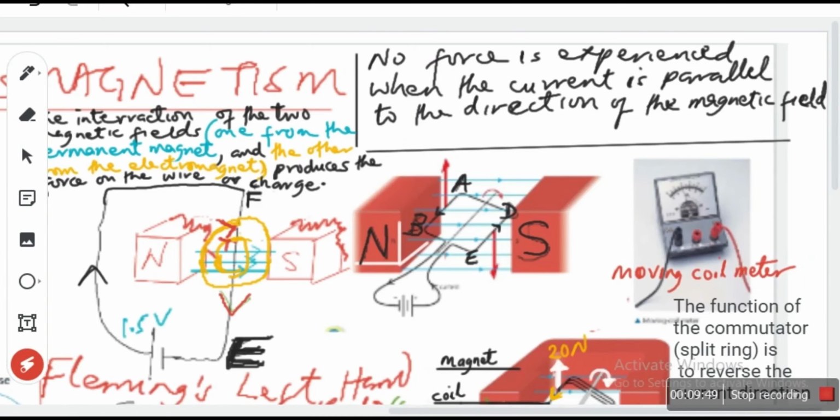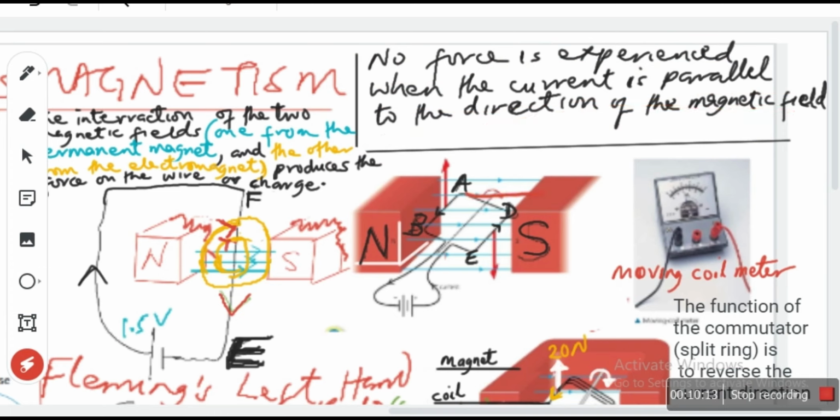I think I have to just emphasize this. Read it out. No force is experienced when the current is parallel to the direction of the magnetic field. Let me say that again. No force is experienced when the current is parallel to the direction of the magnetic field.